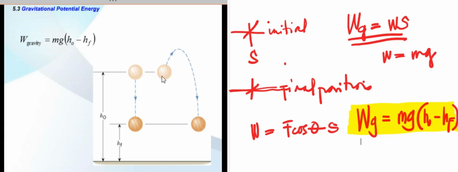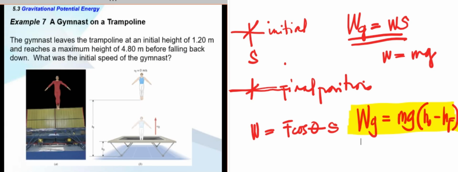So even if it is just downward, one directional, or two directional, it doesn't matter. What matters is the initial position of the ball and its final position. So we disregard the path. Work done by gravity is equal to mg times the displacement, or mg times the quantity h sub o minus h sub f.